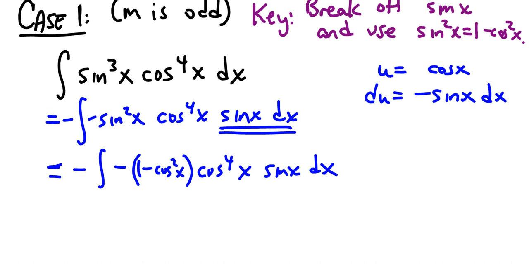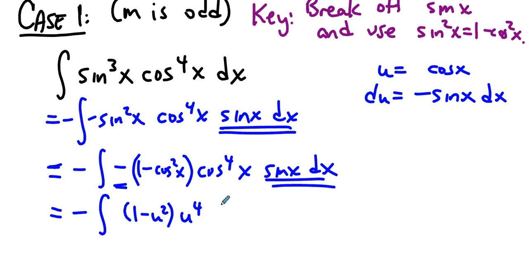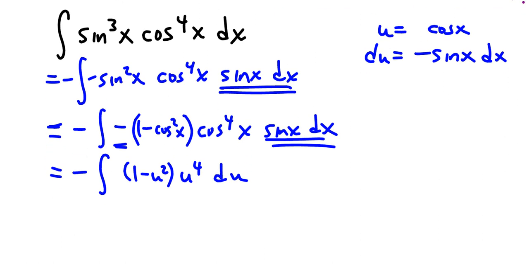So what is this? This is negative integral of 1 minus u squared, u to the 4th, and then all of this is du. So what is that?